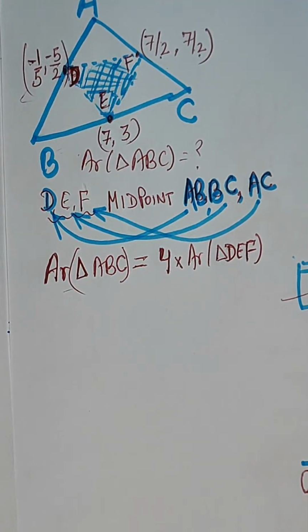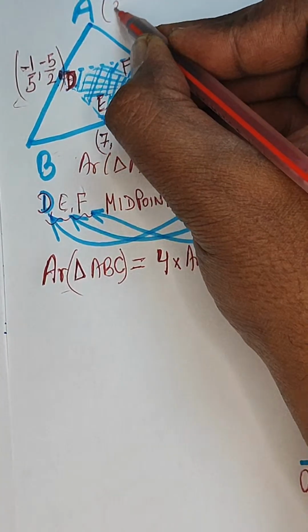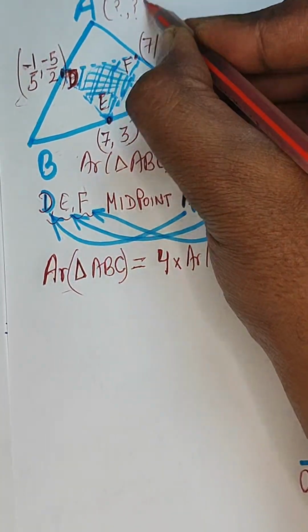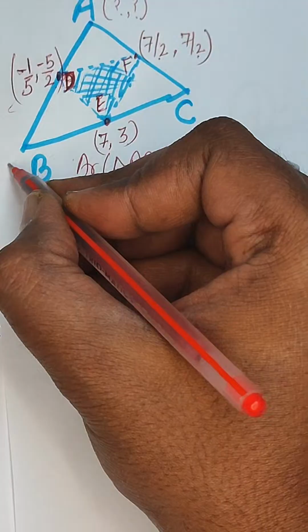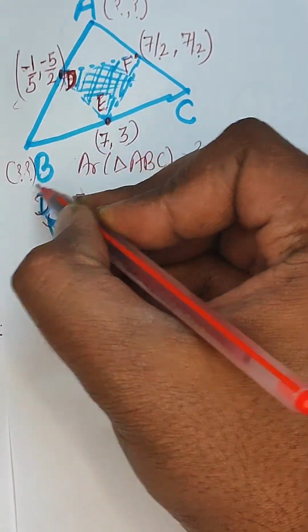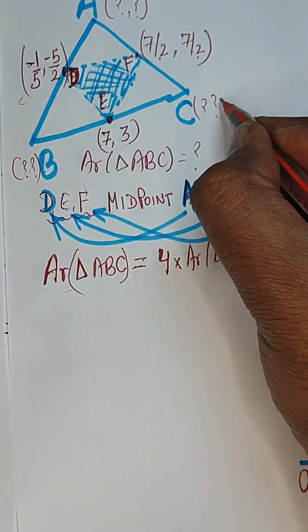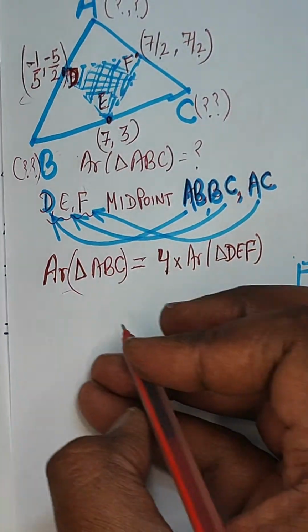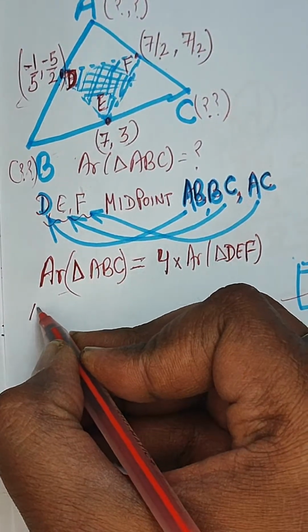So my dear friends, we do not know the x and y coordinates of A, we do not know the x and y coordinates of B, we do not know the coordinates of C, right? Then how will we use the triangle formula?